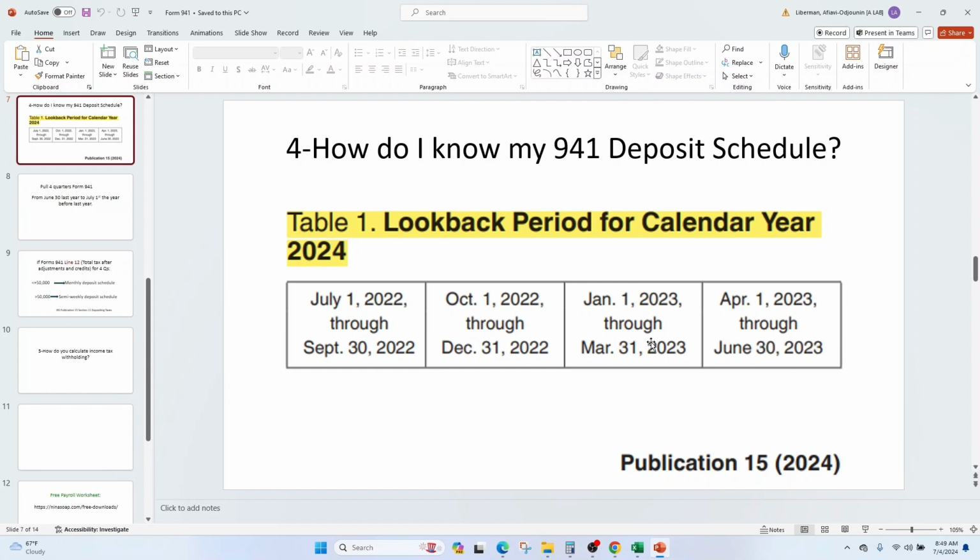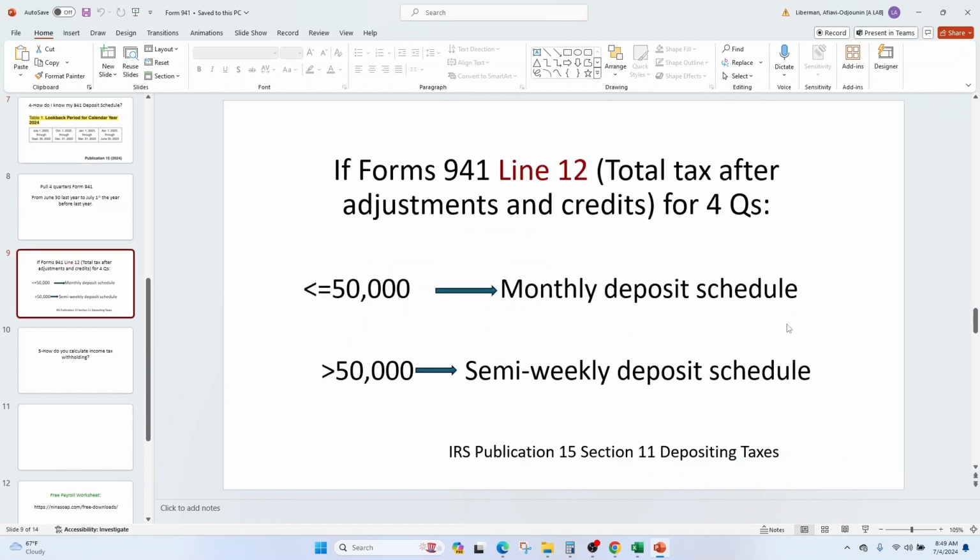You won't have Form 941, therefore line 12 will be 0. Automatically, you are a monthly depositor. You choose the monthly deposit schedule. So if you are a new employer, your deposit schedule is monthly. You pay your tax liability by the 15th of the following month.